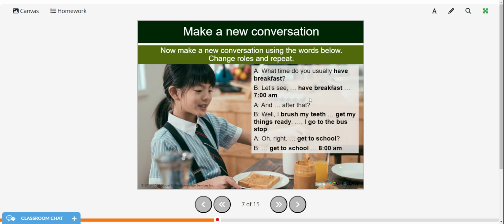I have breakfast at 7 a.m. And what do you do after that? Well, I brush my teeth, then I get my things ready, and then I go to the bus stop. Oh, right. What time do you get to school? I get to school at 8 a.m.